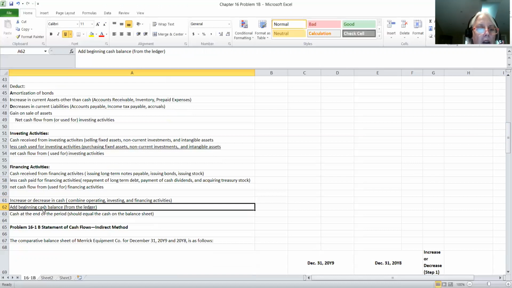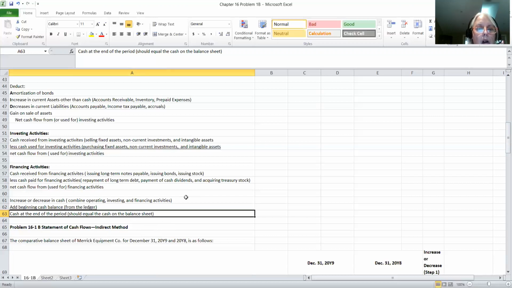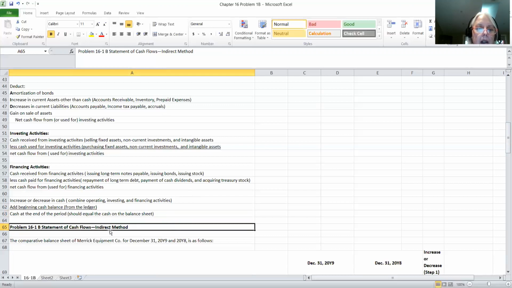Your beginning cash balance would be added to the increase or decrease in cash for that period of time, and that will give you the ending cash balance, which should equal the cash balance on the balance sheet. So all of this information that I've just talked to you about are things that you need to be aware of before you actually start working on problem 16.1b.